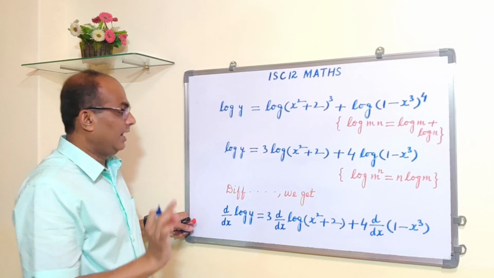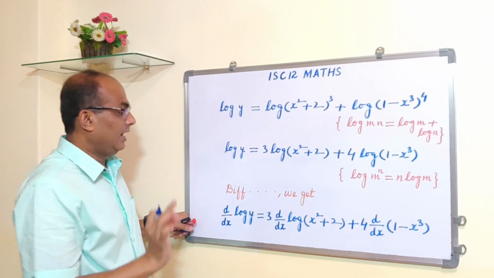Is this okay? It's done. d/dx of log x is 1 upon x and the derivative of this is 2x. d/dx of log x is 1 upon x and the derivative of this is minus 3x square.